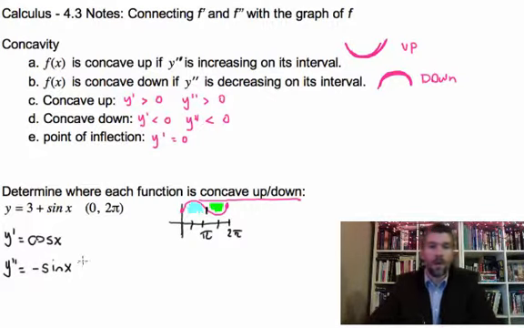So what we want to do is find where these are equal to 0. So where is the sine of x equal to 0? We're looking at from 0 to 2 pi, 0 is not included, but the sine of x is equal to 0 at 0 and pi and 2 pi.